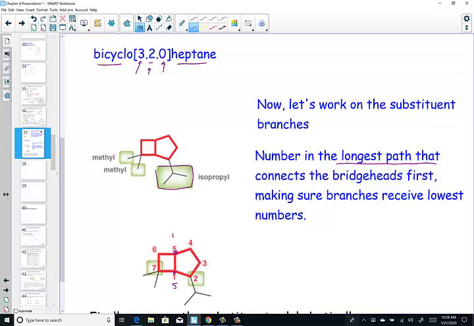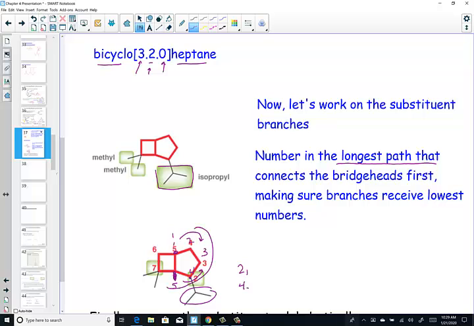When we make a decision, should we count this clockwise or counterclockwise, that decision becomes very evident that this carbon, if it's labeled 1, has the branch called isopropyl at position 2. 2 is a lower number than if we had started here and found it at carbon 4.